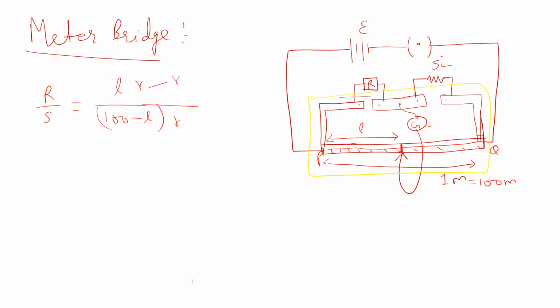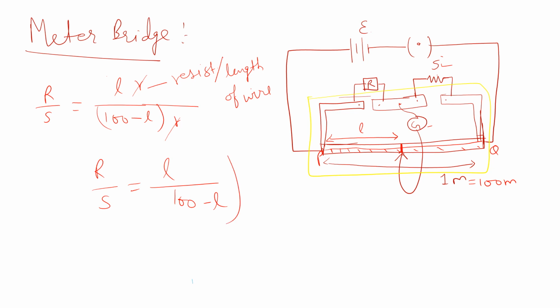This R is the resistance per unit length of the wire, and if I solve it, then I can simply cancel it, and I will be left with L over 100 minus L. So this is the equation that I have obtained.